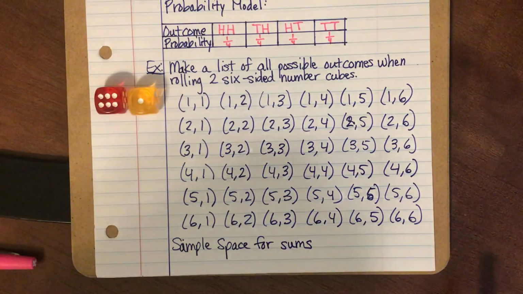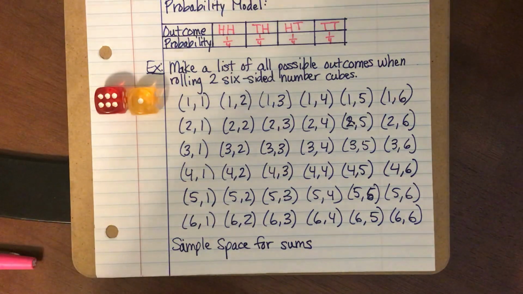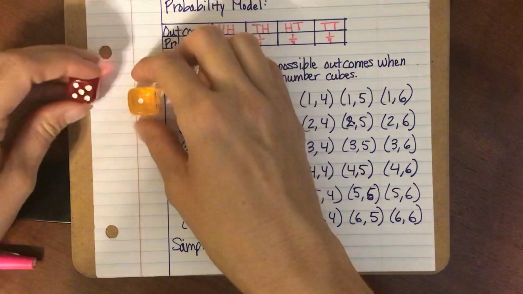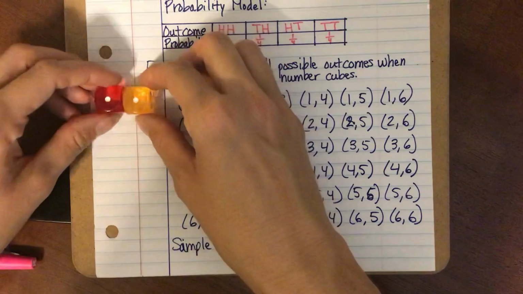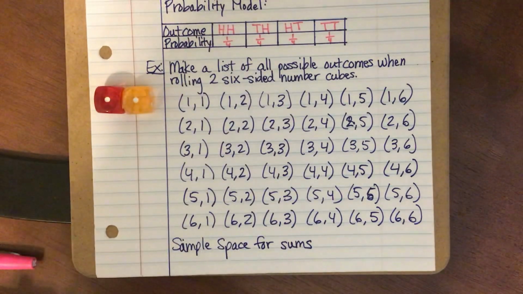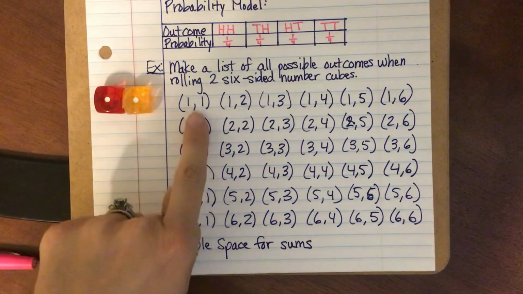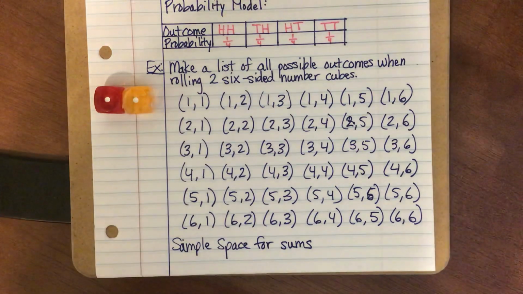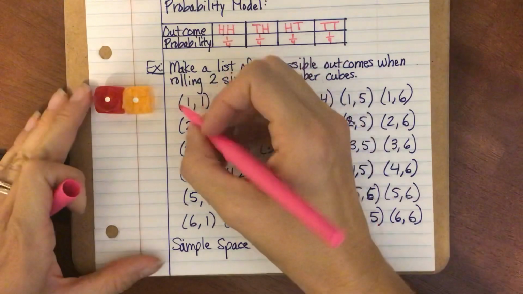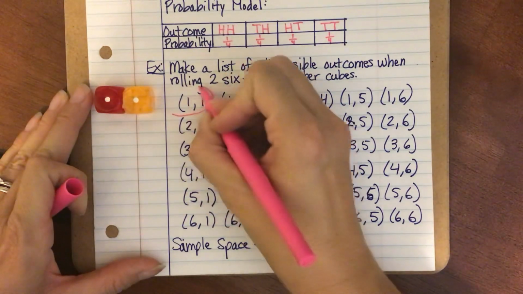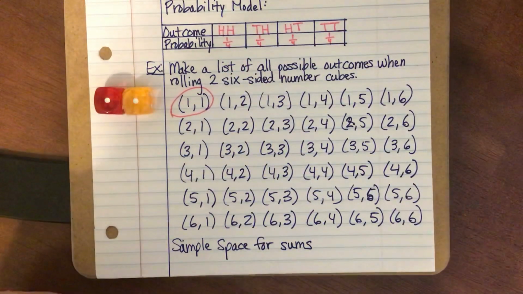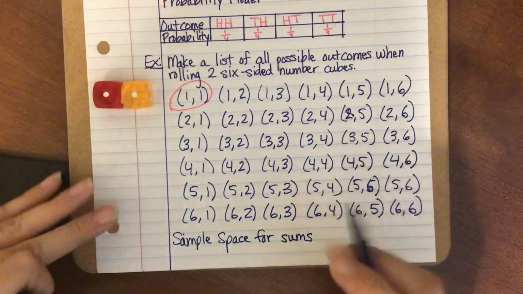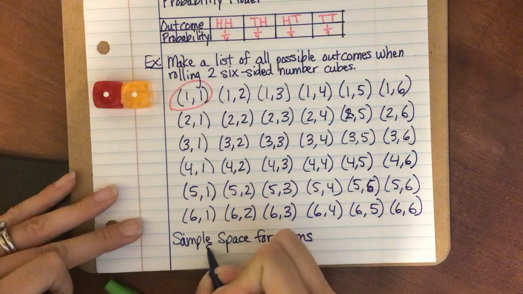Okay, when you add up the numbers on the two number cubes, the smallest number that you would get is 2, because there's only one time when it's rolled, and it's when you get a 1 and a 1. So I'm going to say that this right here is the only time you can get a 2 when you find the sum of the dice.